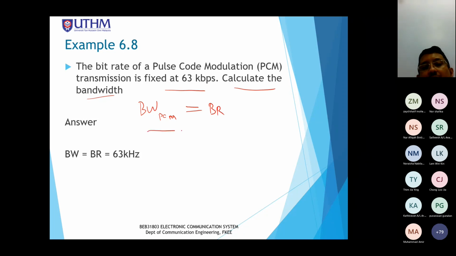This is the common equation for the bandwidth of PCM. Therefore, bandwidth of PCM equals the bit rate, so we get 63 kilohertz. Remember the unit must be in terms of hertz. The unit for bandwidth is in terms of hertz.